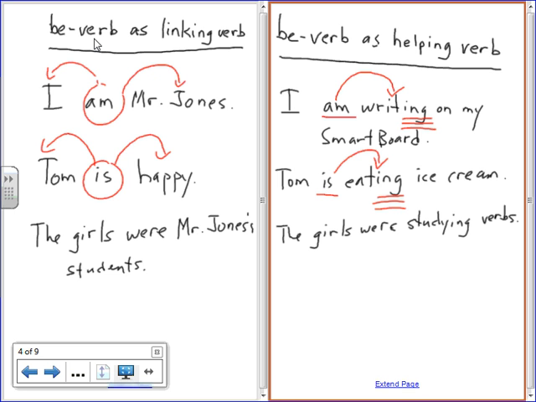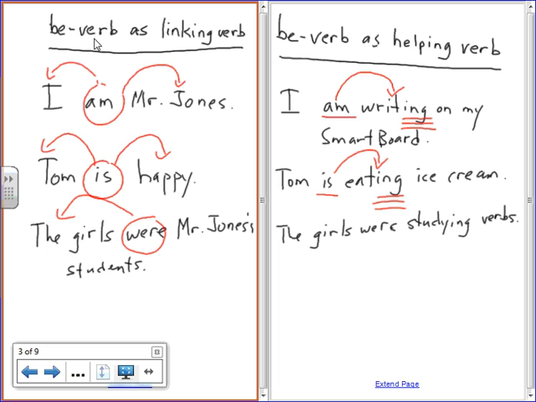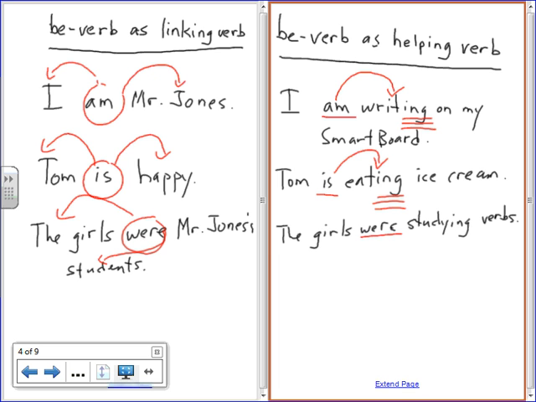In this first sentence, were is linking the subject girls to a noun, students, which is further identifying the girls. In this sentence, by contrast, were is accompanying or helping a main verb ending in ing. Okay, I think you get the point.